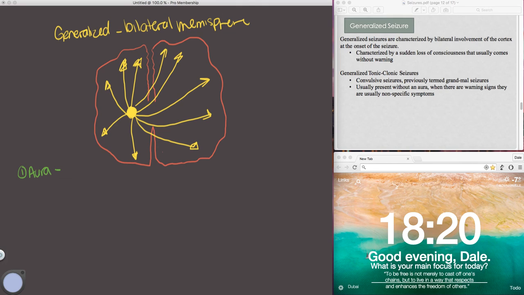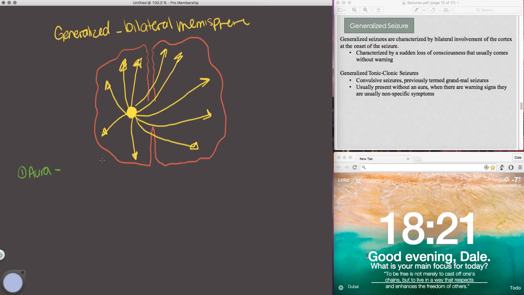A lot of the times people will see bright lights, have a certain smell, have a feeling of deja vu, anything that's going to indicate to them that there's the potential the seizure is going to come on. Some people have no aura, but in most cases there is some sort of associated aura. In some instances, it's an autonomic feeling. People get dry mouth, or they start to feel sweaty, or they feel like they're going to be sick.